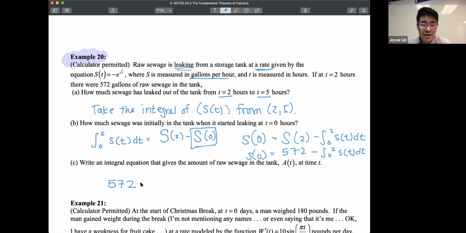So it's going to be 572 minus the integral from 0 to t of S of t dt. Oh, sorry, not 572. We need to take whatever value we got there. I'm trying to do this conceptually without actually doing real numbers, so that's throwing me a bit off. We're taking the number that we got in part B.